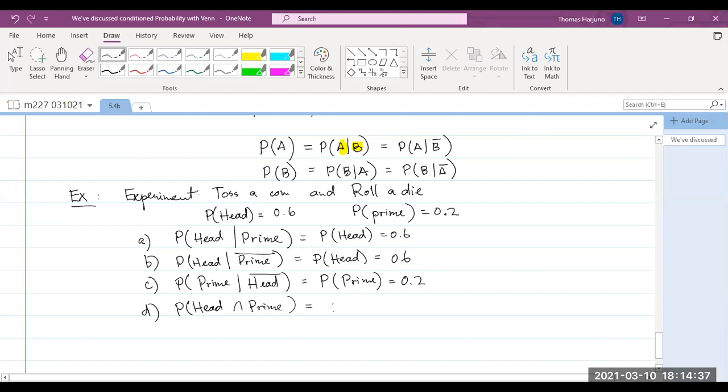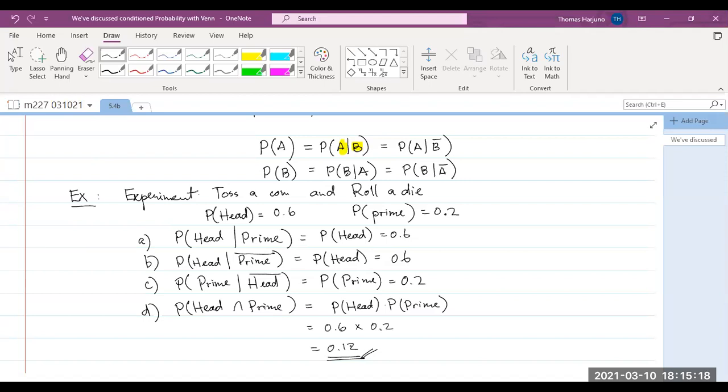Then you will see this is the probability of getting head multiplied by the probability of getting prime. Just multiply them. This is only true if they are independent. This is 0.6 times 0.2, that's 0.12.